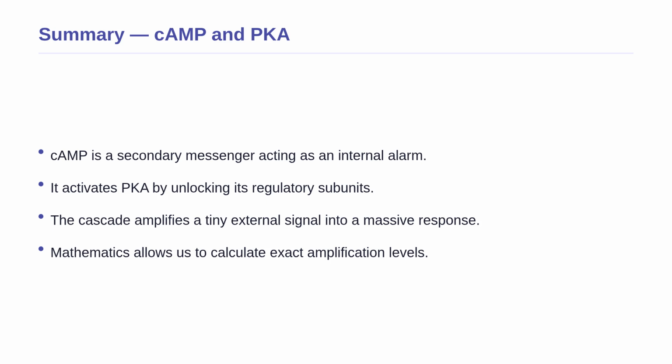Third, this entire pathway is a brilliant biological relay system that amplifies a tiny external whisper into a massive, coordinated cellular action. Finally, by understanding the mathematics of this cascade, we can precisely calculate how our bodies regulate energy and respond to stress. You now have a solid understanding of this vital biological pathway.